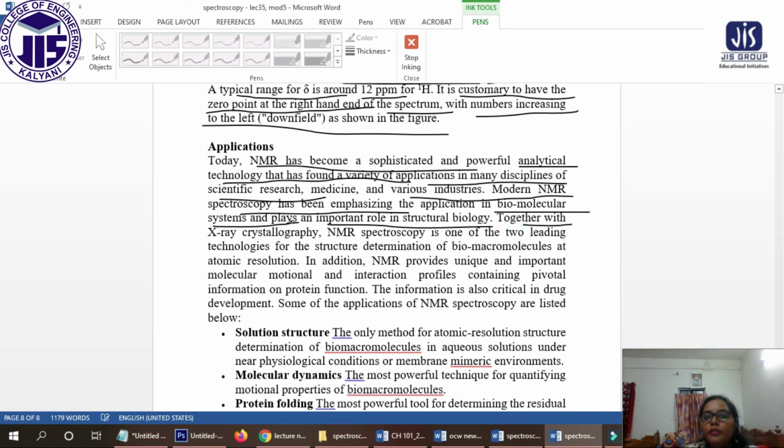Together with X-ray crystallography, NMR spectroscopy is one of the two leading technologies for the structure determination of biomolecules.